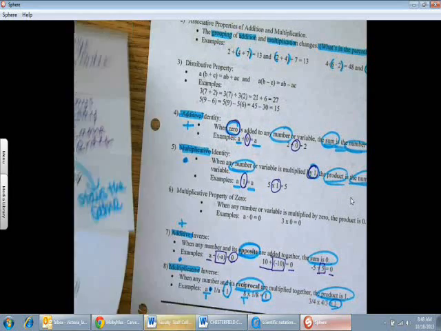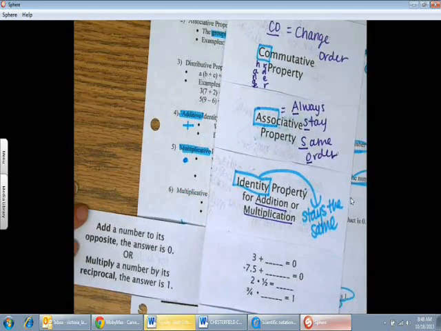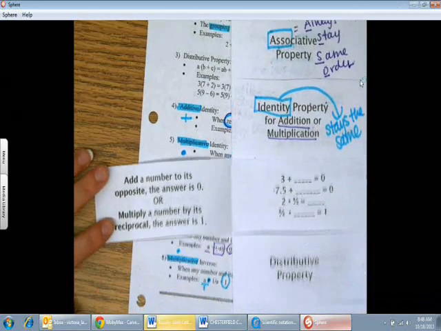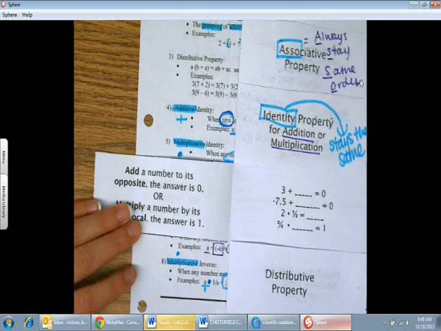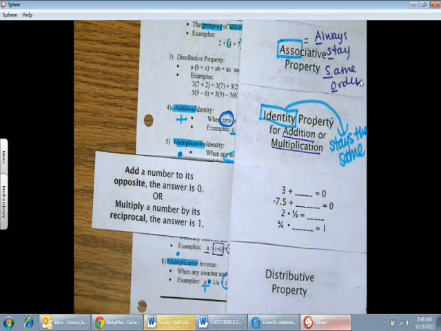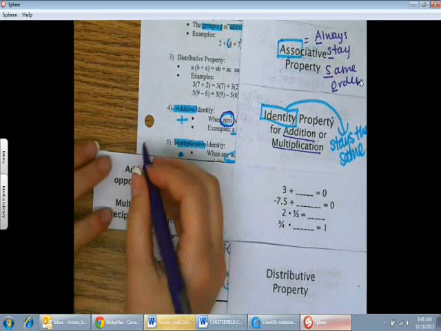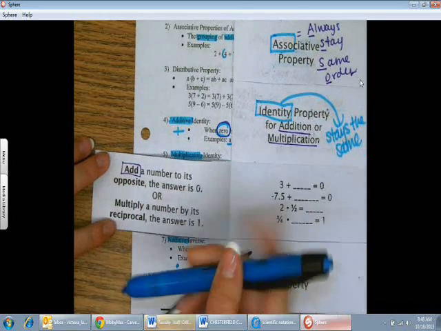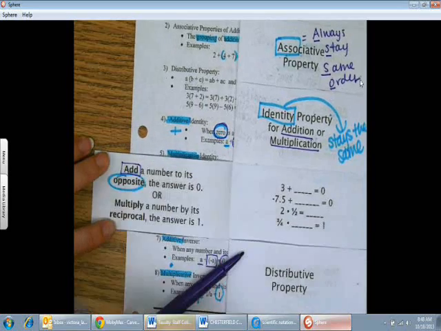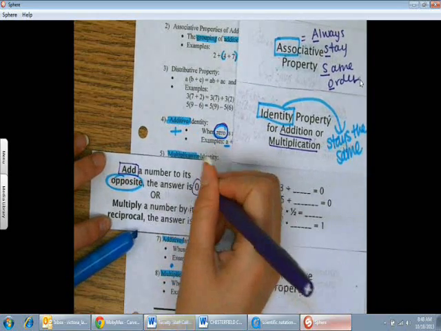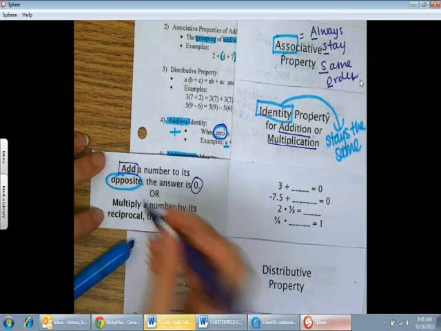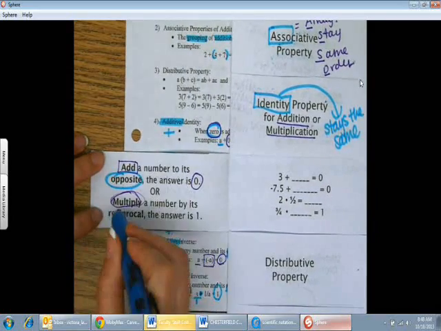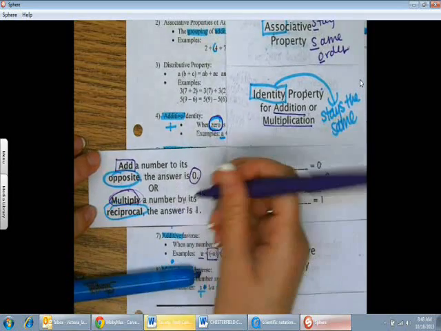So on your foldable here, I want to make sure that you've written that when you're doing the addition, you add the opposite, and your answer should be 0, or you multiply by a reciprocal, and the answer is 1.